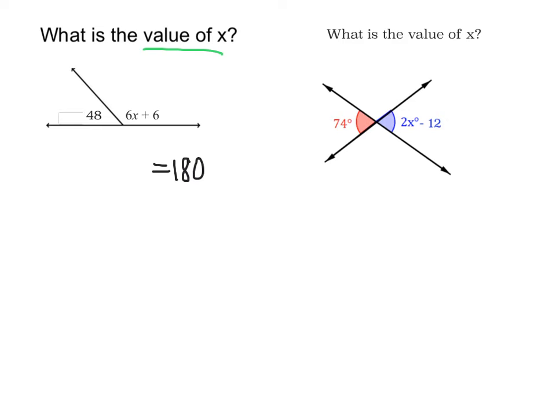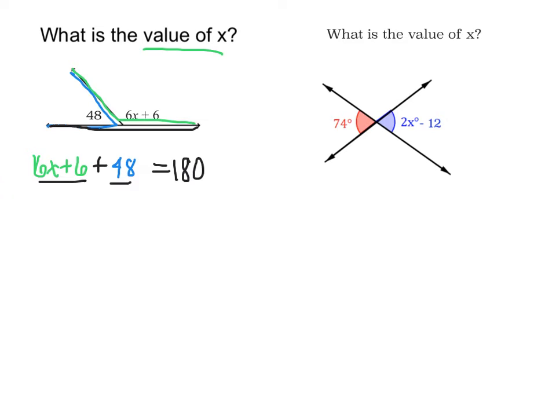So now I have one angle, which is 6x plus 6, plus my second angle, which is 48 degrees, all equal 180.